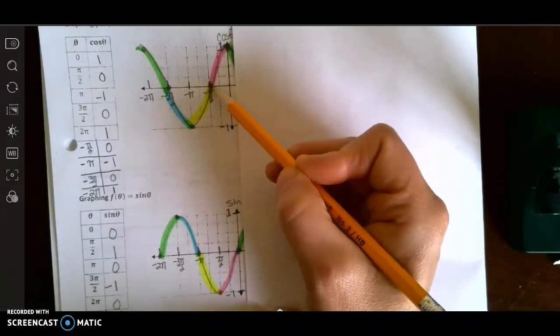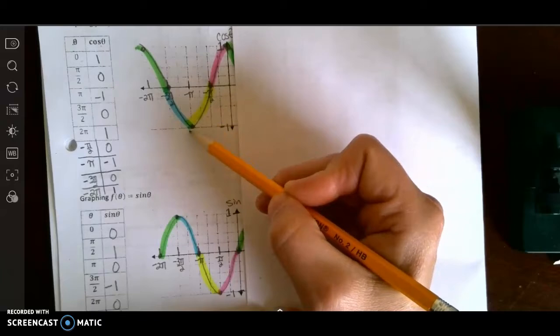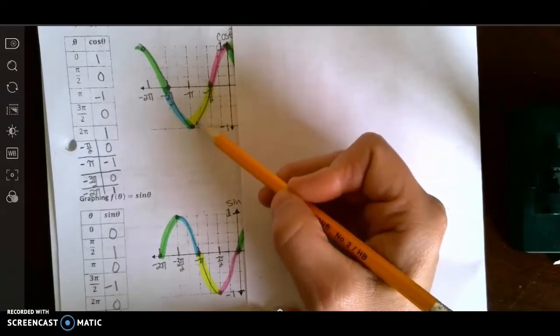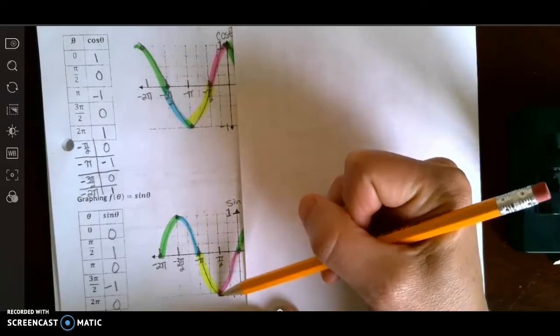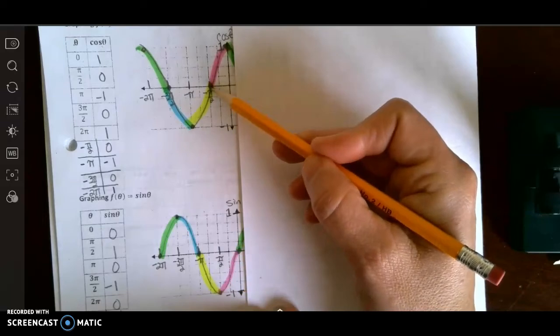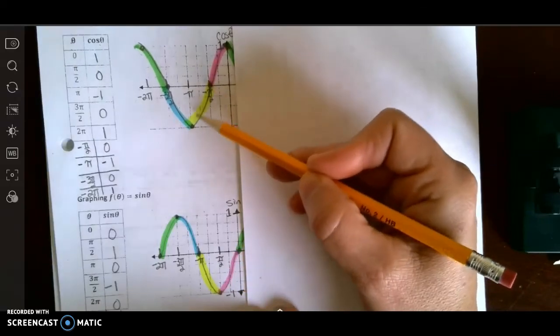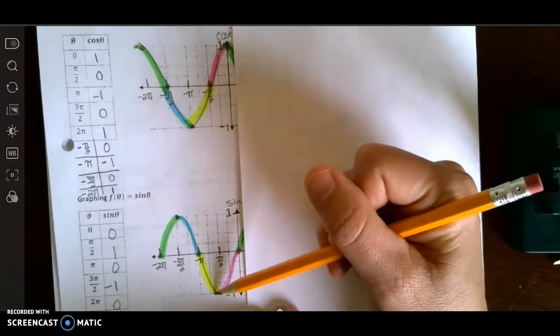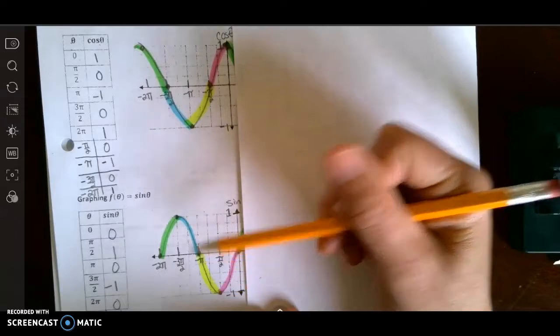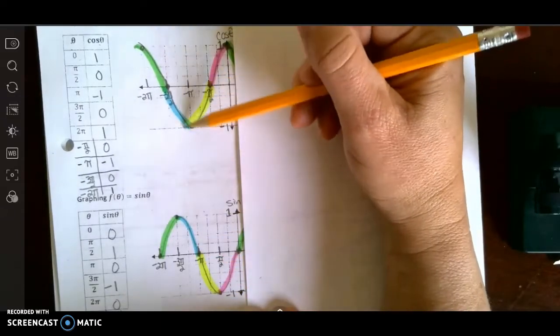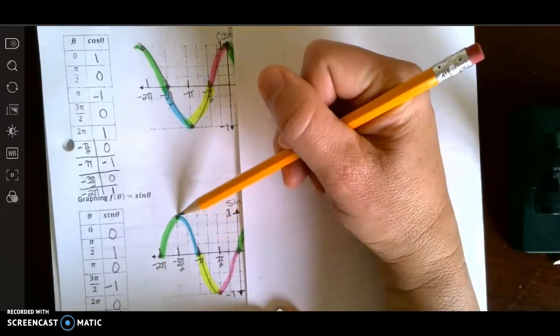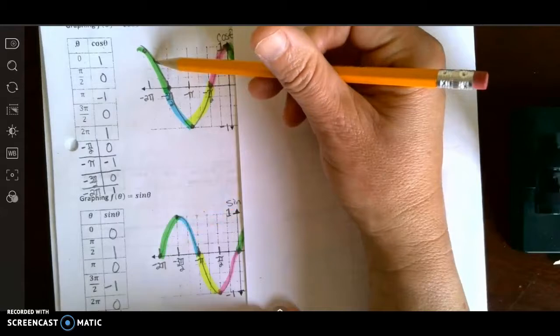From -pi over 2 to -pi, cosine is negative and sine is negative. So we know that from -pi over 2 to -pi, they're both negative. Then here, cosine is negative, but now sine is positive. And then in this quadrant, they're both positive.